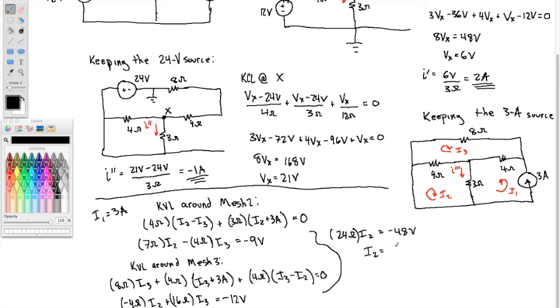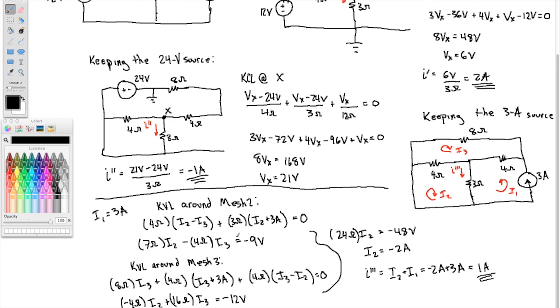So we see that I2 is minus 2 amps. That makes I triple prime, which is what we're looking for, I2 plus I1. That's minus 2 amps plus 3 amps equals 1 amp.